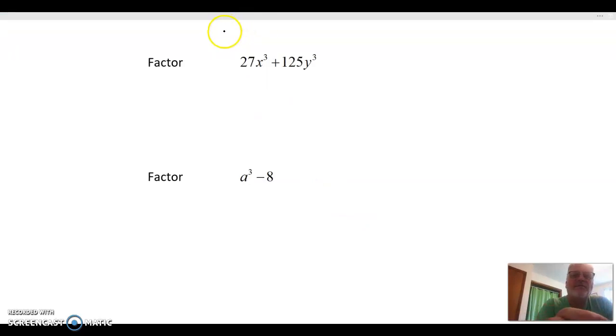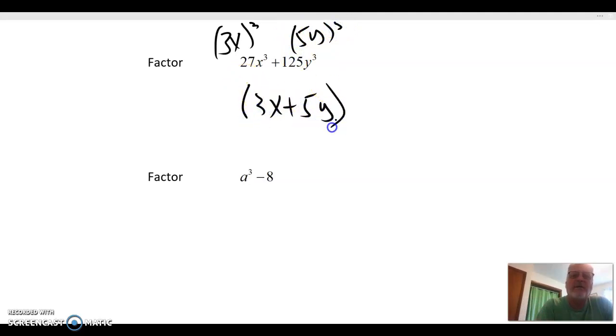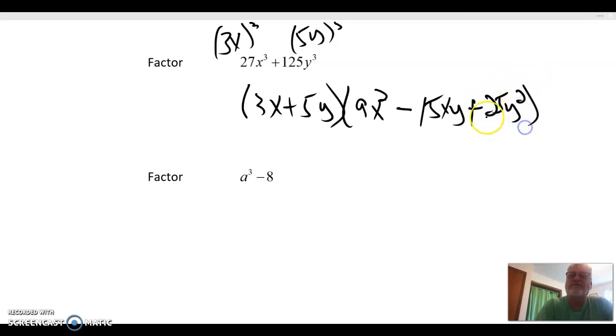All right, so this one is 3x cubed, and this is 5y cubed. So this is going to be 3x plus 5y. And then we have 3x squared, which is 9x squared, minus, because this side's always opposite, 3x times 5y, so that's going to be 15xy, and plus, because it's always positive, 5y squared, so 25y squared.